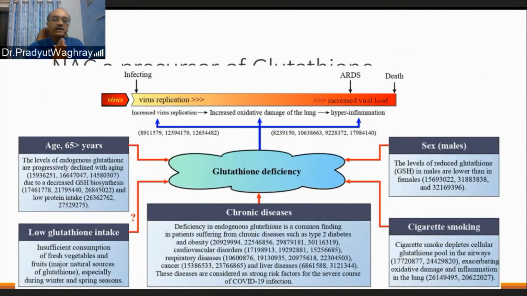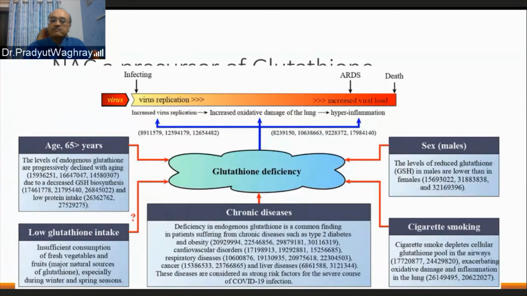This slide is important, I feel, because if you see most of these categories, the elderly people, more than 65 years, we know that the levels of endogenous glutathione progressively decline with age, and there is also a decreased biosynthesis of glutathione. In patients with chronic diseases, including diabetes mellitus, obesity, cardiovascular disorders, chronic lung diseases, liver disease, all these patients have deficiency in endogenous glutathione.